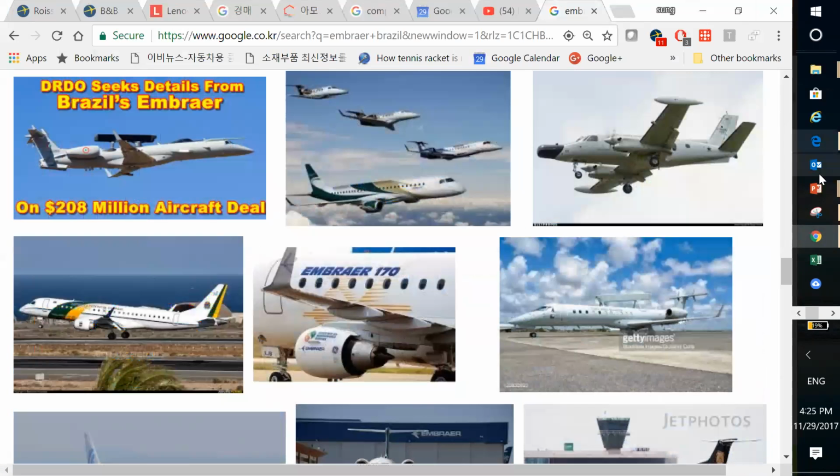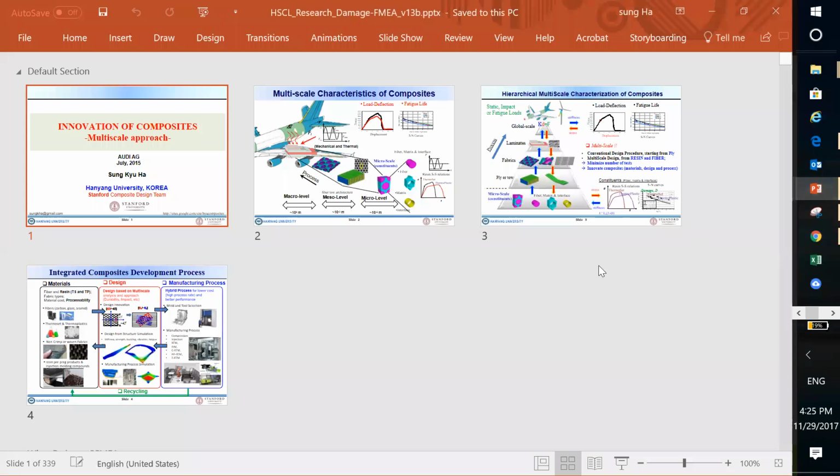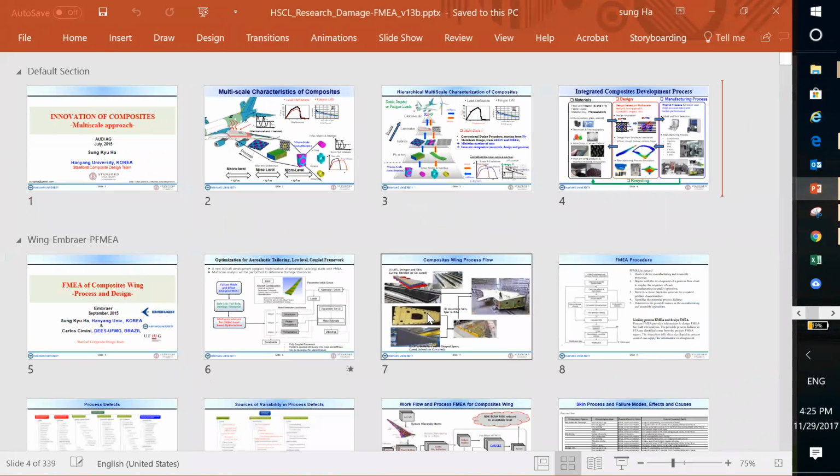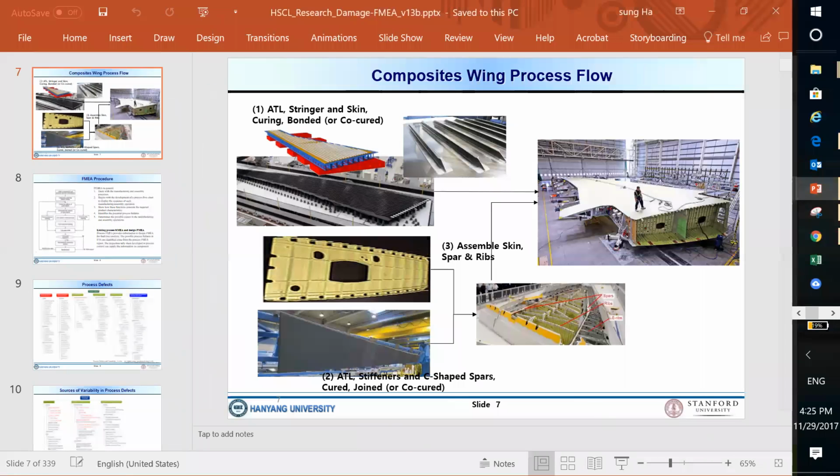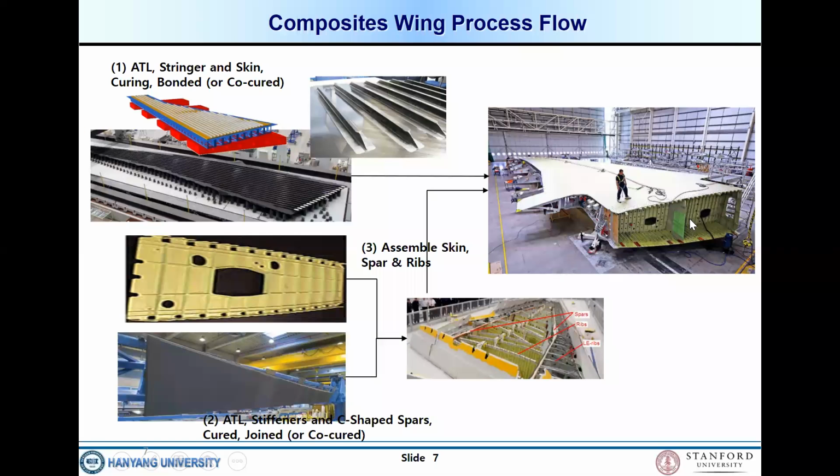But anyhow, this is a current project with Embraer. And this is the real structure, cross sections of a wing. And as you can see, this is a part of a wing, and you can see how large it is. And very interestingly, we have this kind of box.